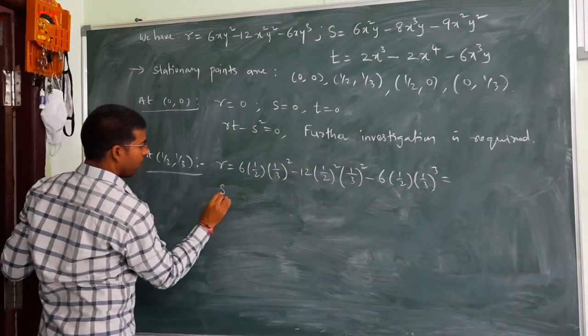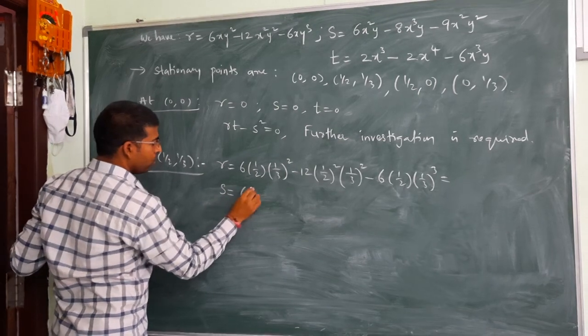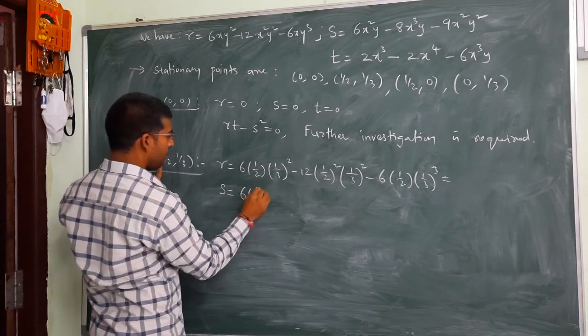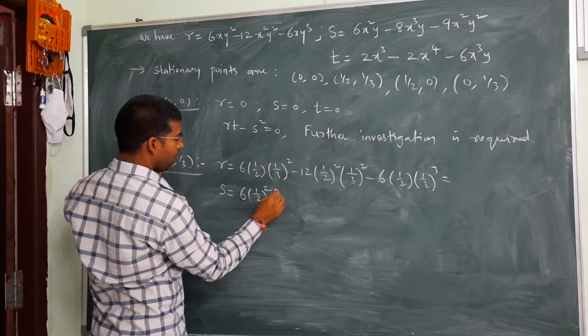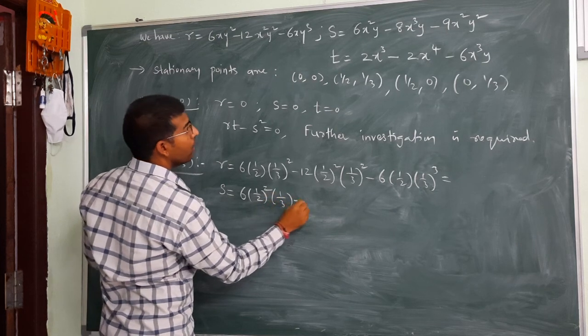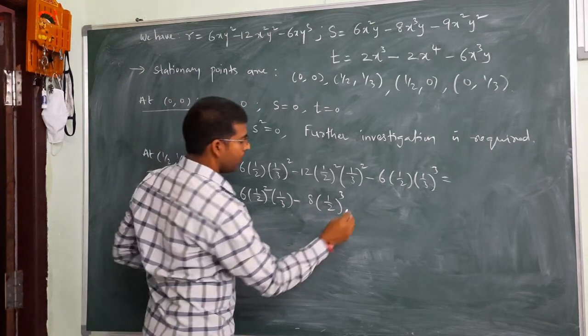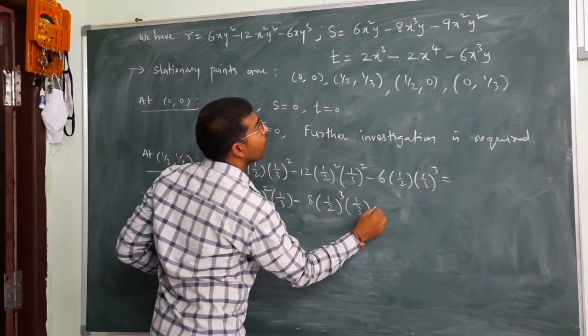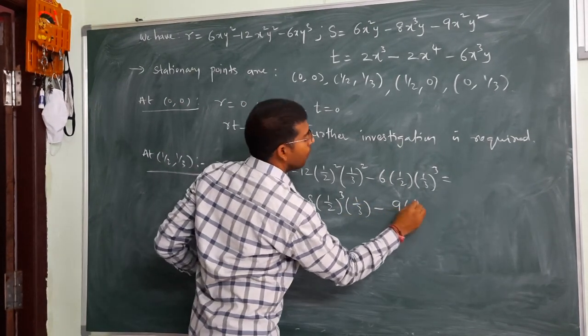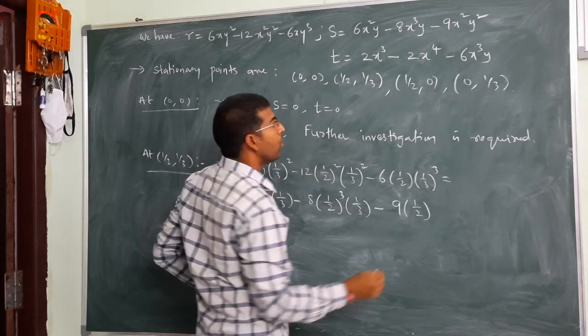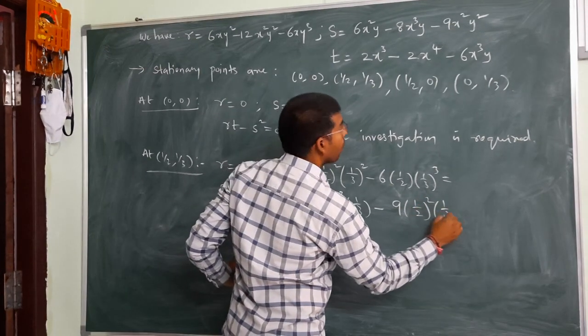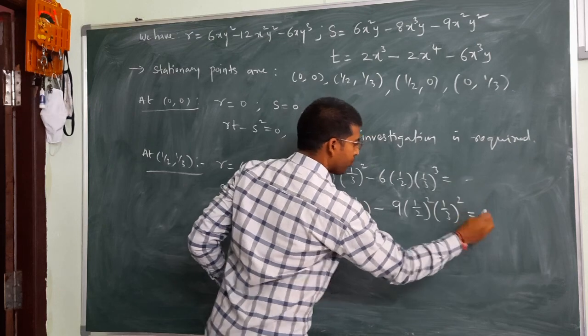Next, what about the S value? 6 into x², that means (1/2)² times 1/3, minus 8 into (1/2)³ into 1/3, minus 9 into (1/2)² (1/3)², right?